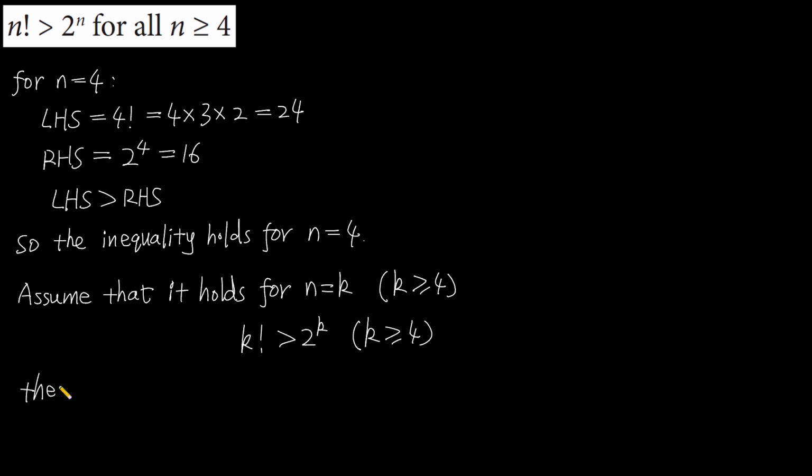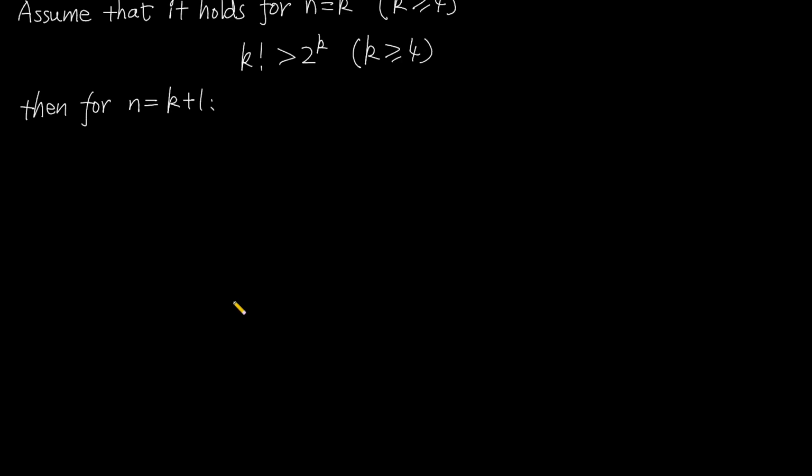Then for n equals k plus 1, the left hand side equals k plus 1 factorial, and the right hand side equals 2 to the power of k plus 1.